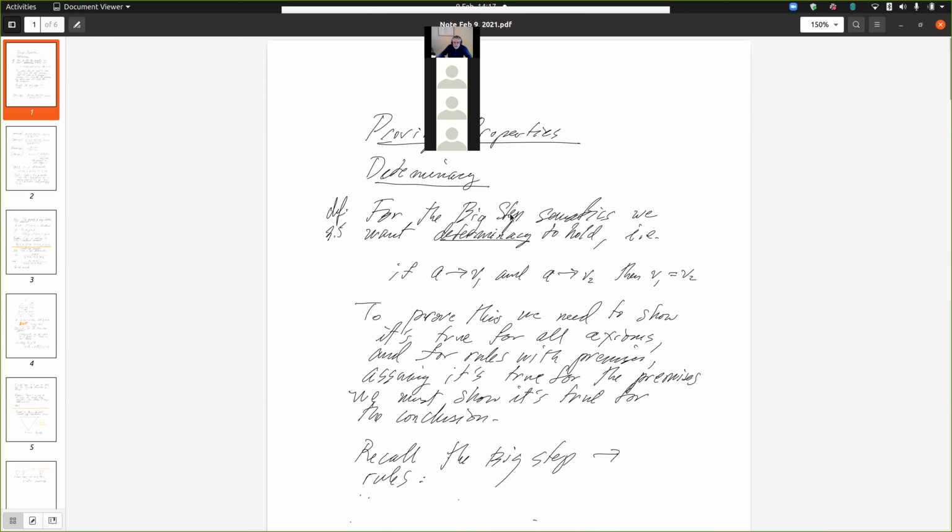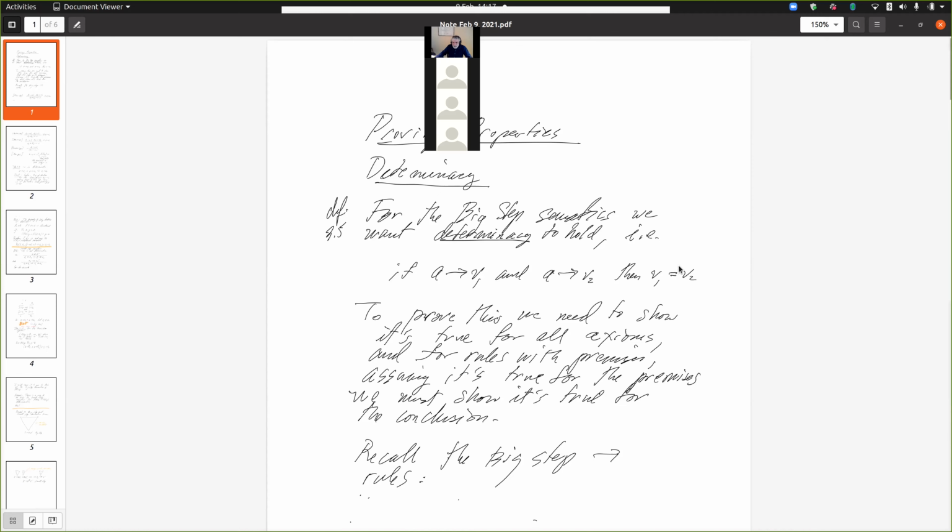But if we have a big step semantics, on the big step semantics we really want this property of determinacy. We don't want to have a semantics where we say run the program A and you get the answer V1, and then at a different time you run the program A and you get a different answer V2.